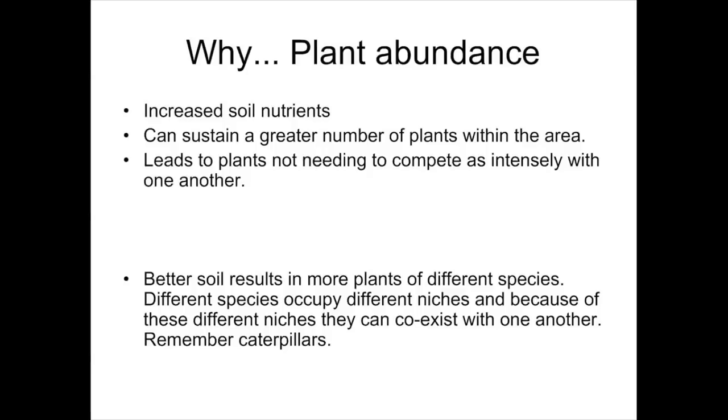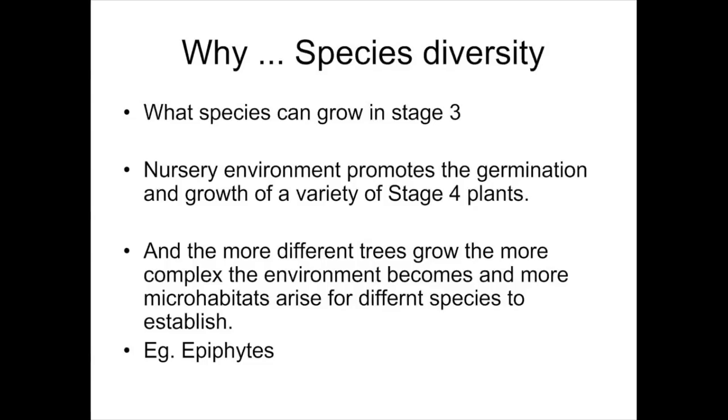Okay, this is like Gause's principle. Because better soil results in more different species, we've got more of these different niches, and because we have more of these different niches occupied, we can have potentially a greater number of plants in total. Yes, hopefully you can understand that.